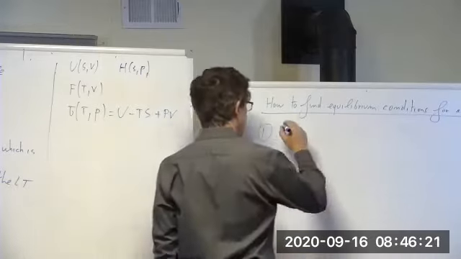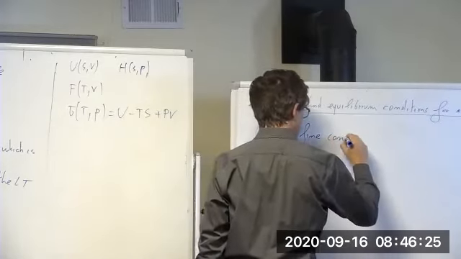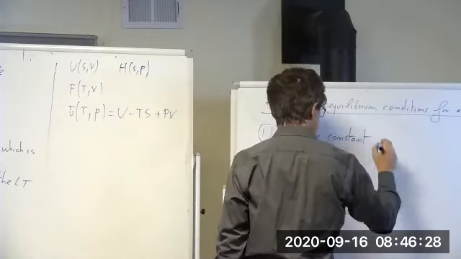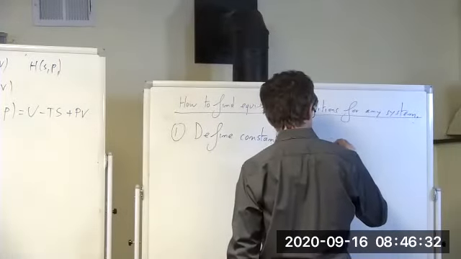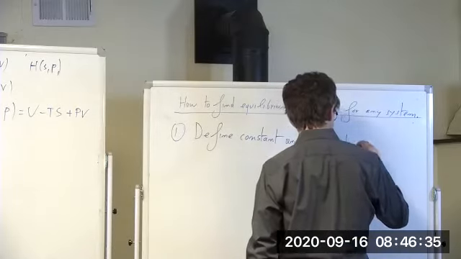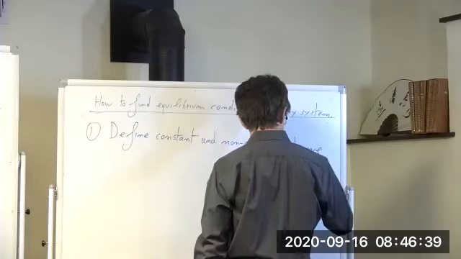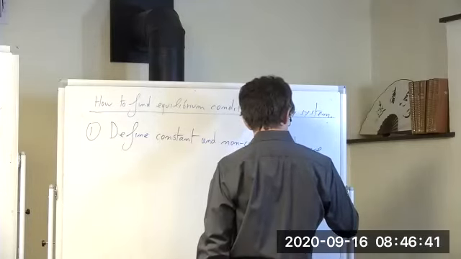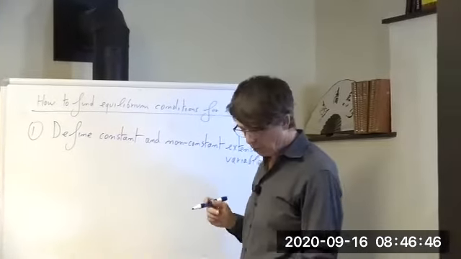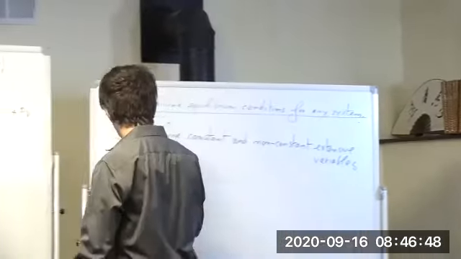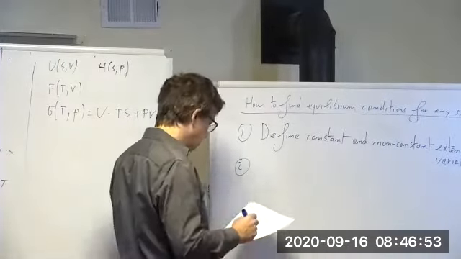So define the constant extensive variables and the non-constant ones. The non-constant ones are the ones that couple you to the environment. So for the non-constant ones, you have to do a Legendre transform.